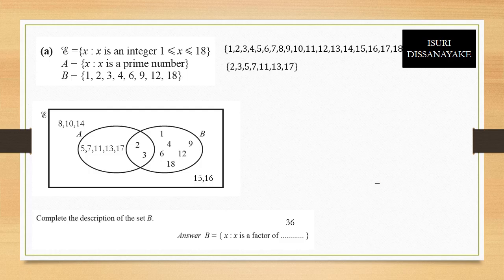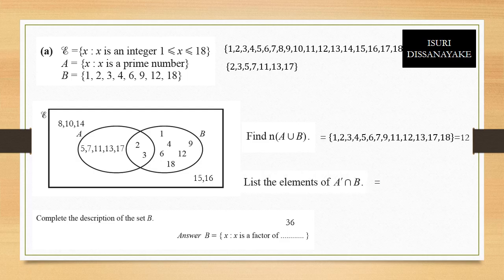If I show you, that's 1 times 36, 2 times 18, 3 times 12, 6 times 6, 4 times 9. So 1, 2, 3, 4, 6, 9, 12 and 18 are the factors of 36. And they ask how many elements are there in A union B. So there are 13 elements in A union B.